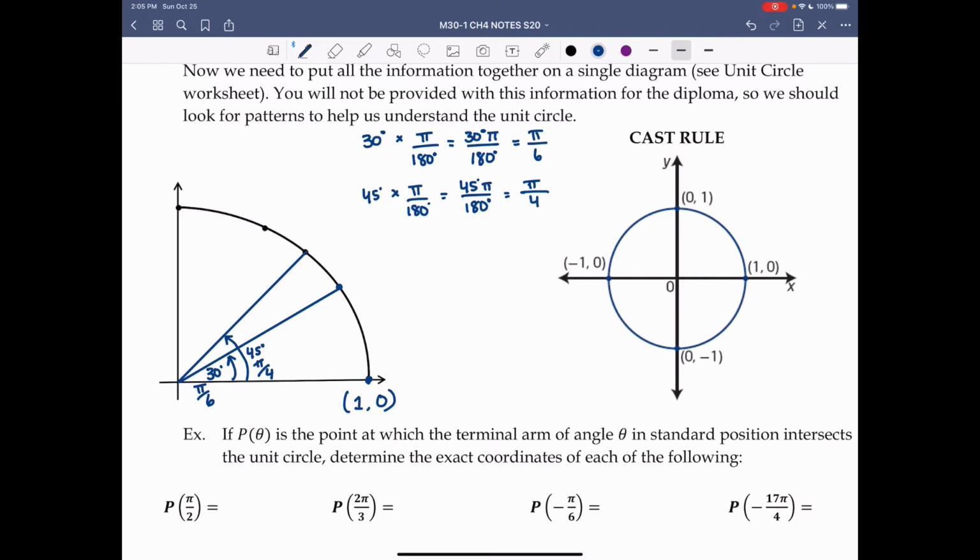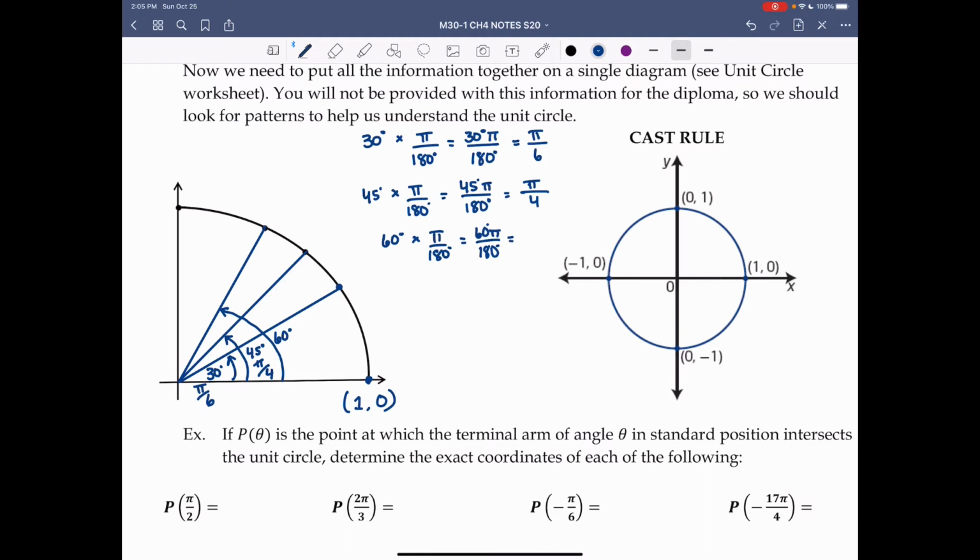And then we can do the next dot here, which would be our reference angle of 60 degrees that we talked about. Convert that. 60 degrees times pi over 180 degrees.